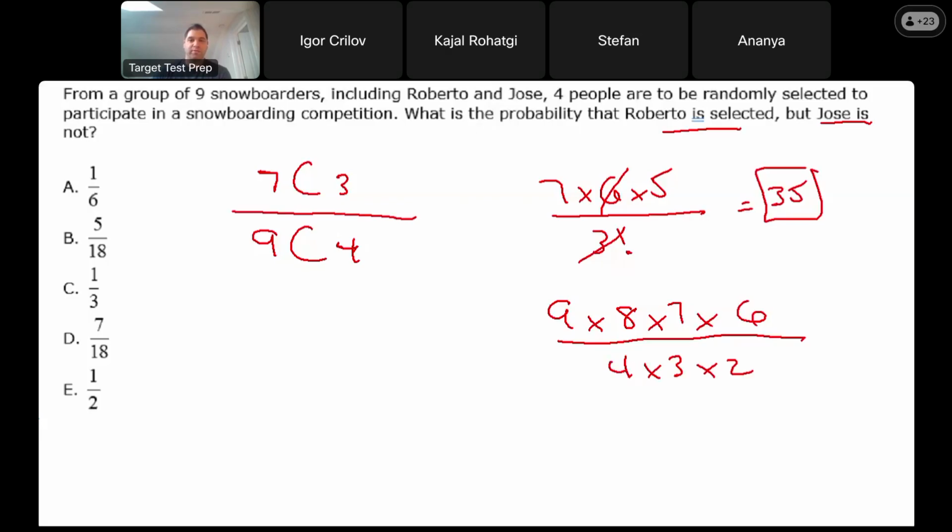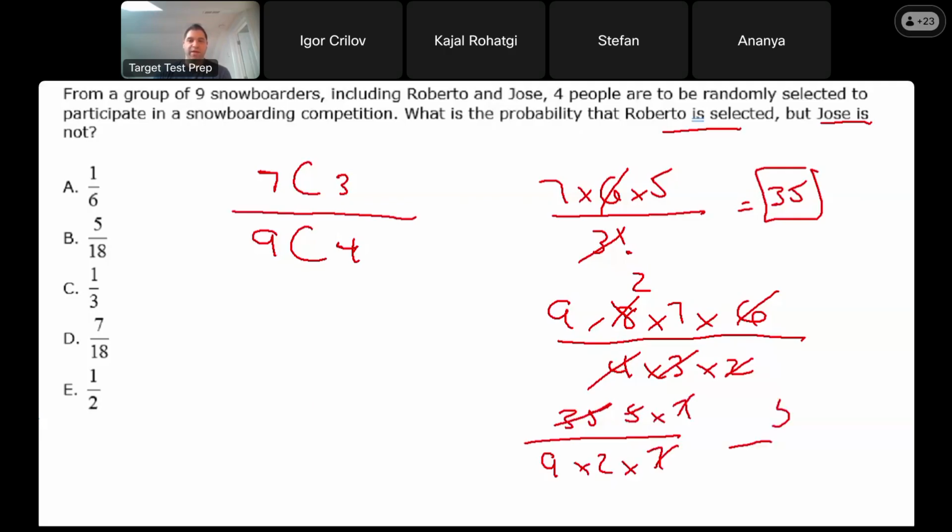That's 4 times 3 times 2. And then we're going to do some canceling. So we end up with, basically, 35 over 9 times 2 times 7. Same deal as before. You can do some canceling out here. 35 is basically 5 times 7, of course, so the 7s cancel, and we're left with 5 over 18.